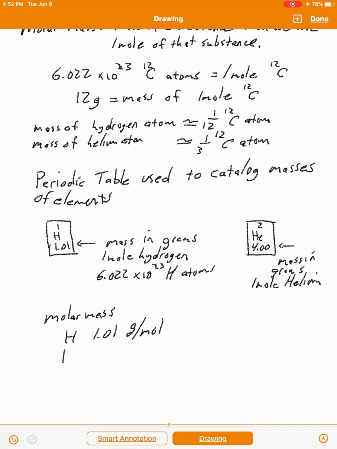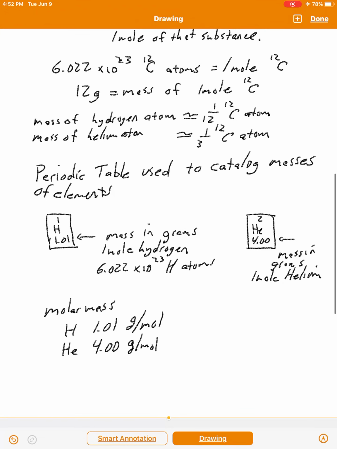So helium, for example, would be 4.00 grams per mole. And these numbers, these molar masses, are available in the periodic table. So another example would be oxygen, 16.00 grams per mole. Another example would be neon, which is 20.18 grams per mole.